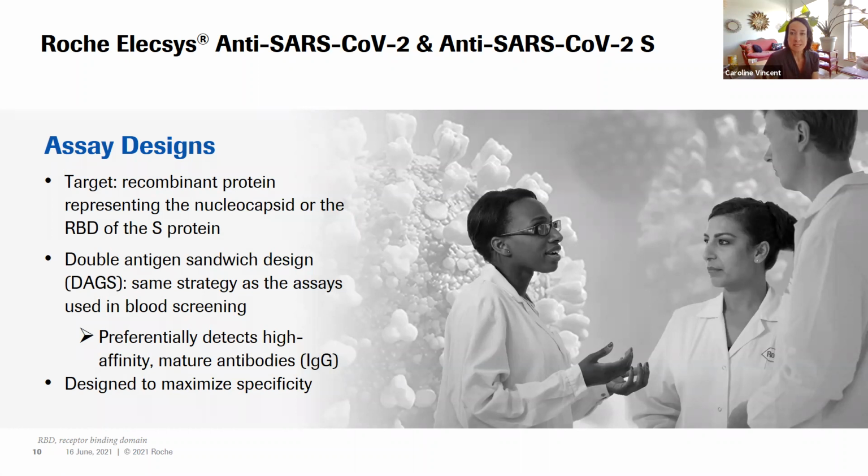This is the same design that we use for our blood screening assays, and it allows the preferential detection of high affinity antibodies. We know that most high affinity antibodies are also IgGs, and we'll talk more about that in the next few slides. Also, as I mentioned, our goal was really to maximize the specificity of our assays in order to minimize false positives.